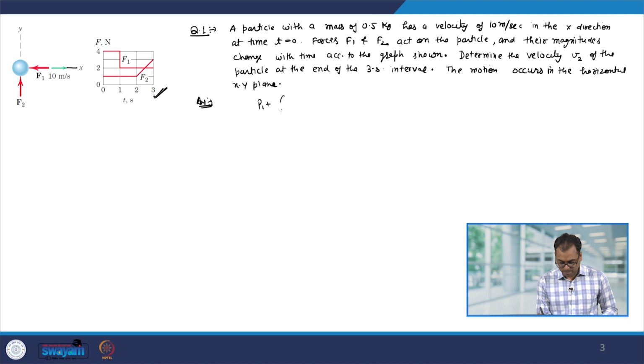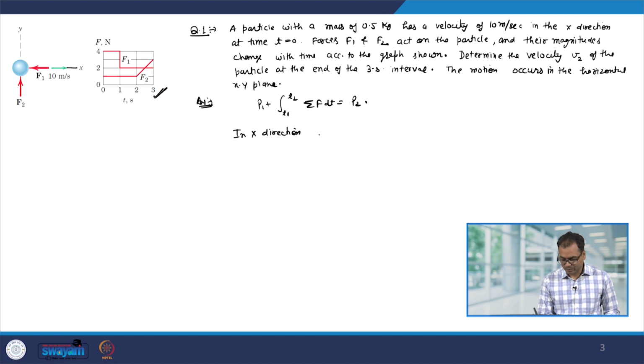So, we have p1 plus integral t1 to t2 summation F dt equal to p2. This equation I can write down in the x direction. In the x direction we have momentum p1 equal to m times v, mass is given, so 0.5 into its velocity, 10 meter per second in the x direction, plus integral t1 to t2 F dt.